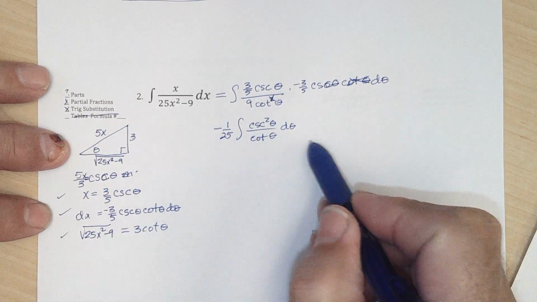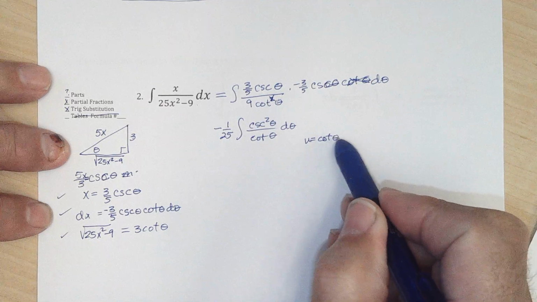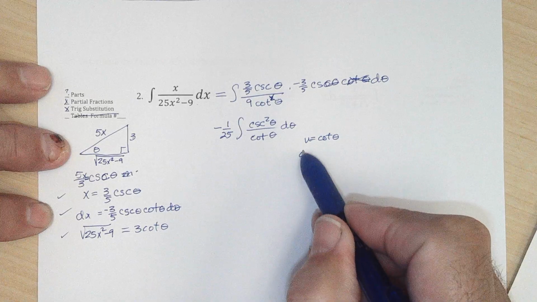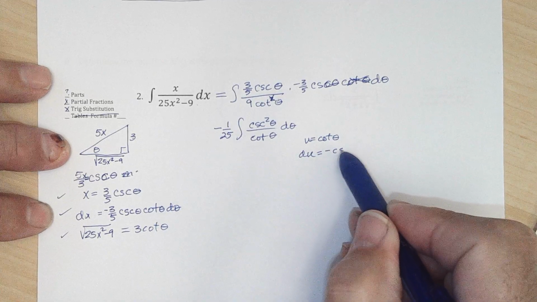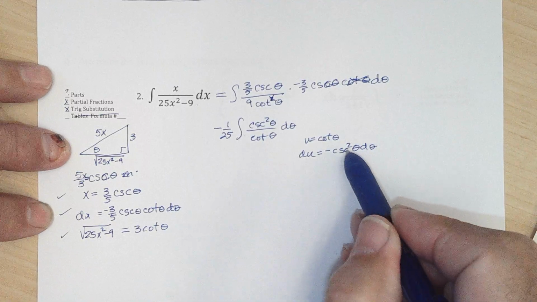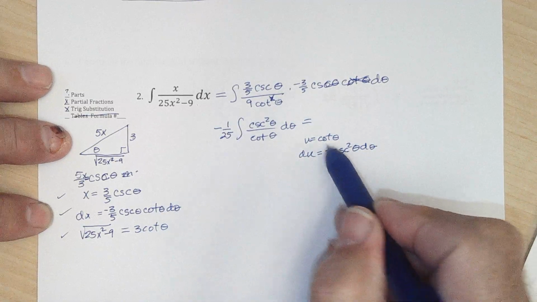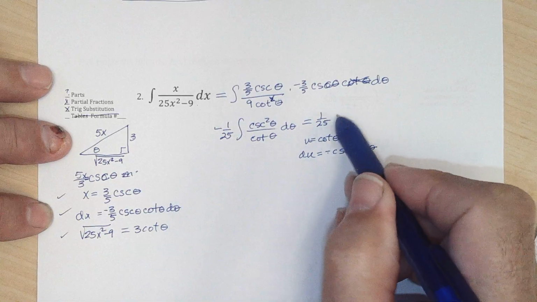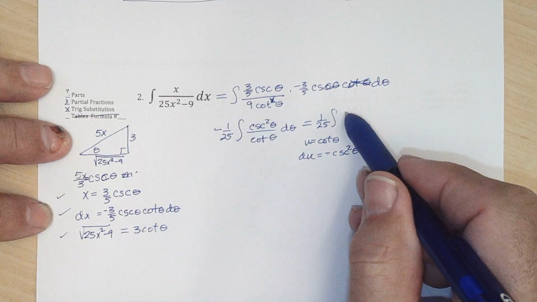This one's pretty easy to do if we let u equal cotangent theta. Cotangent's derivative is negative cosecant squared theta d theta, and that's going to cancel that cosecant. So this is going to turn into a negative, and a negative is going to be positive 1/25 integral of cosecant squared.